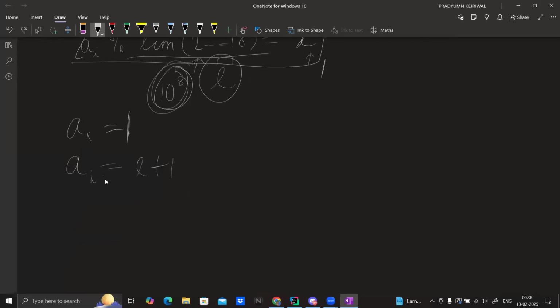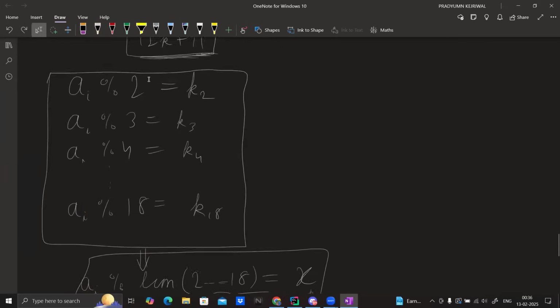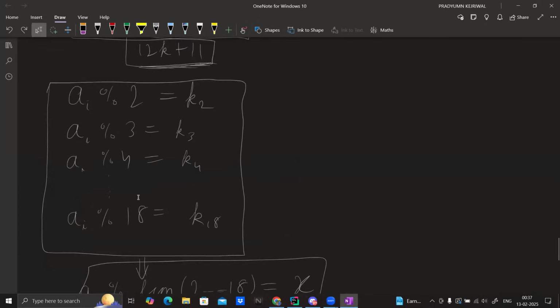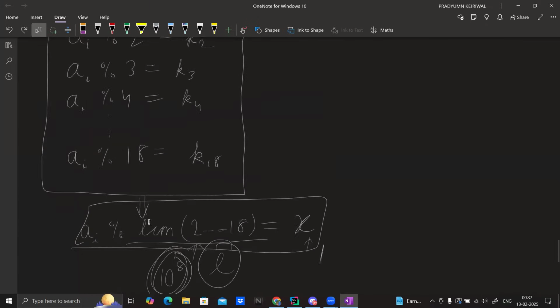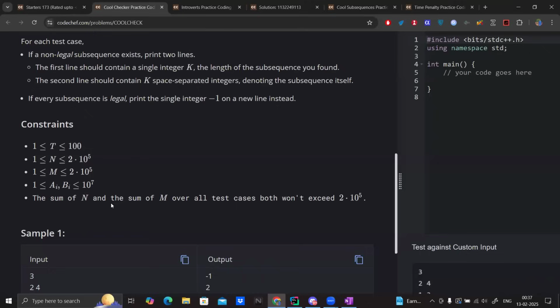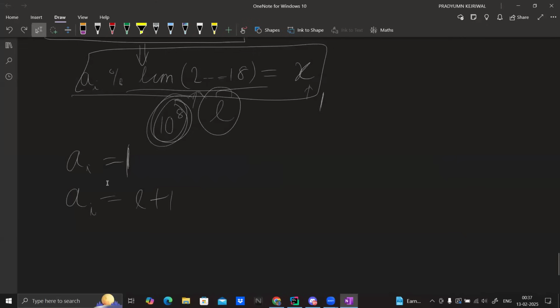So my point is that if all the numbers have the same modulo with respect to 2, 3, 4 up to 18, then it is guaranteed that they have the same modulo with the LCM. And since they are up to 10 to the power 7 only, we can say that the numbers are all the same, because the number cannot be L plus 1.